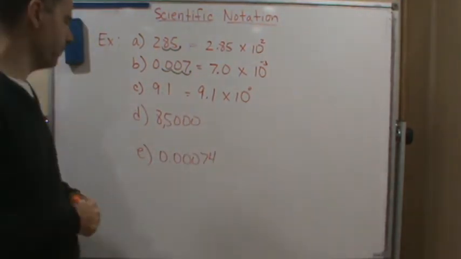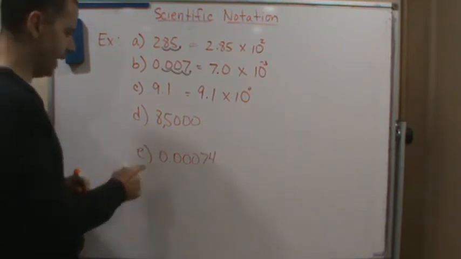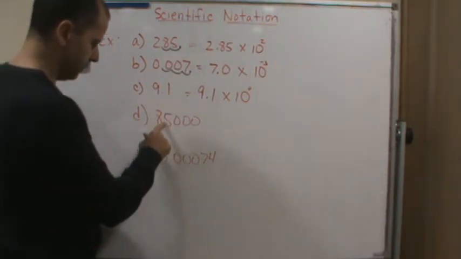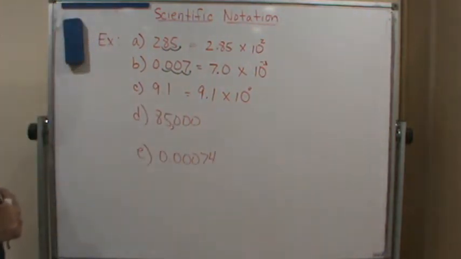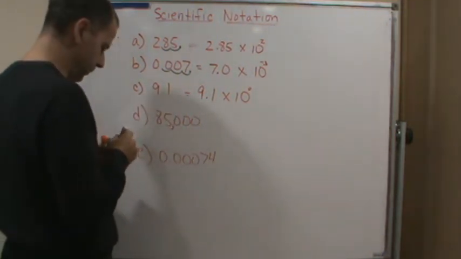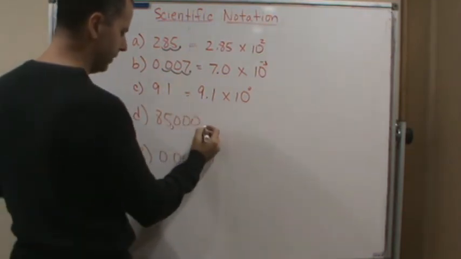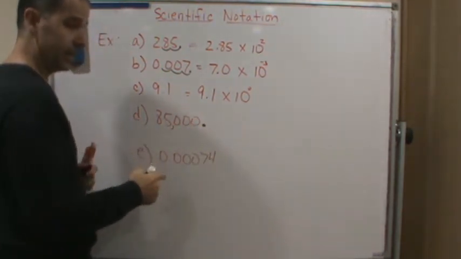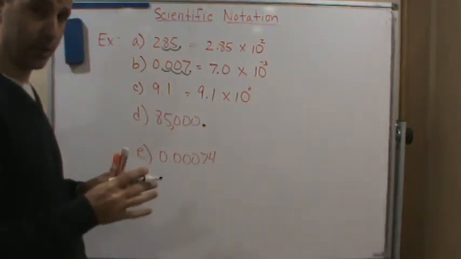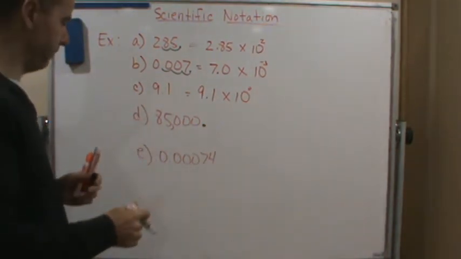Okay? Now what about D? 85,000. Okay? Well, again, the decimal point is right here at the end. And so how many places do I need to move the decimal point to get a number that's between 1 and 10?